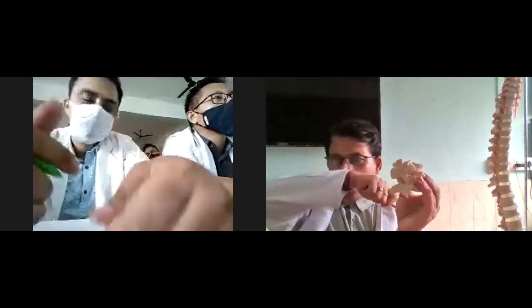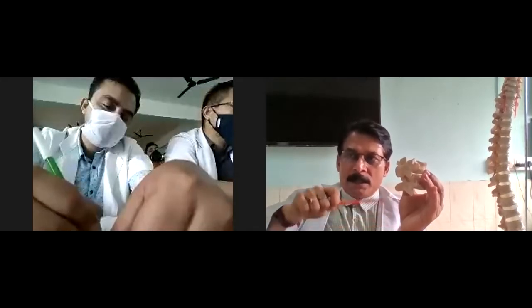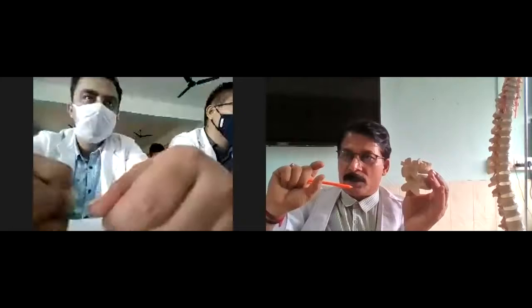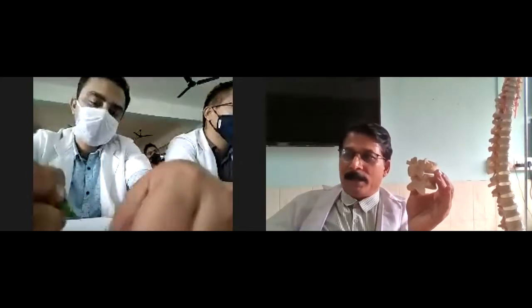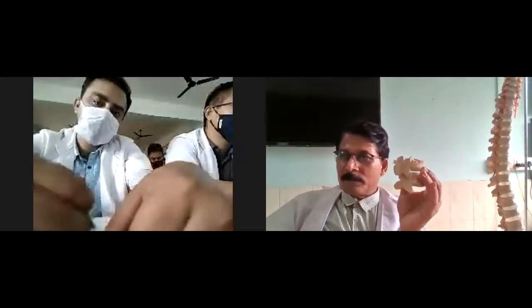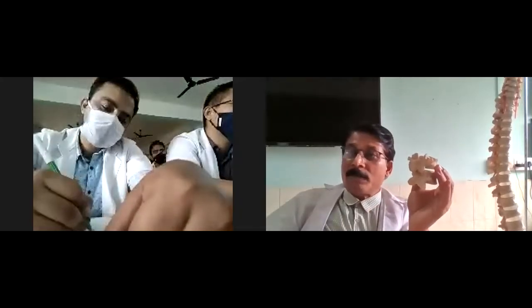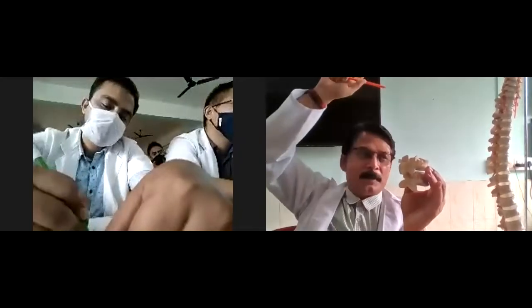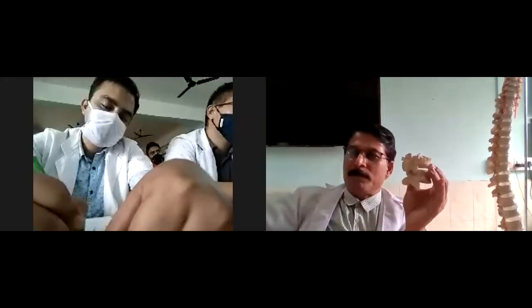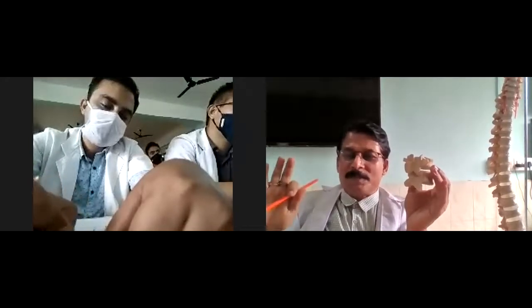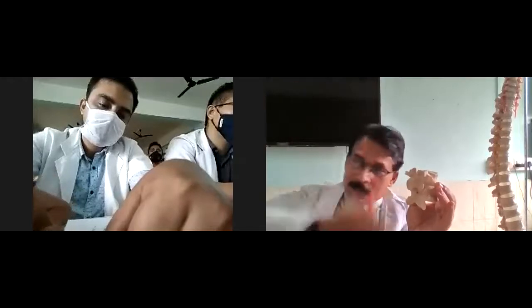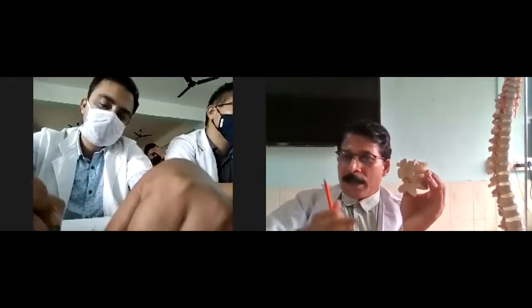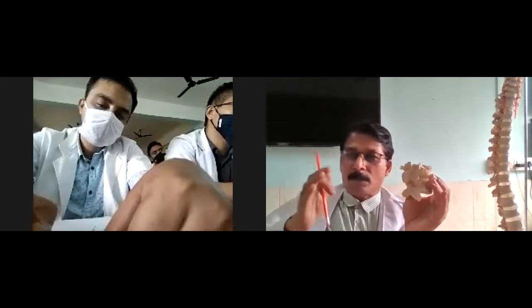The height contribution of the individual discs is greatest in the lumbar area, where it is around 9 mm. In the thoracic area it is around 5 mm, and in the cervical area around 3 mm. So 3, 5, 9 are the contributions from the individual areas of the spine, which collectively contribute about one-third to one-fourth of the height.